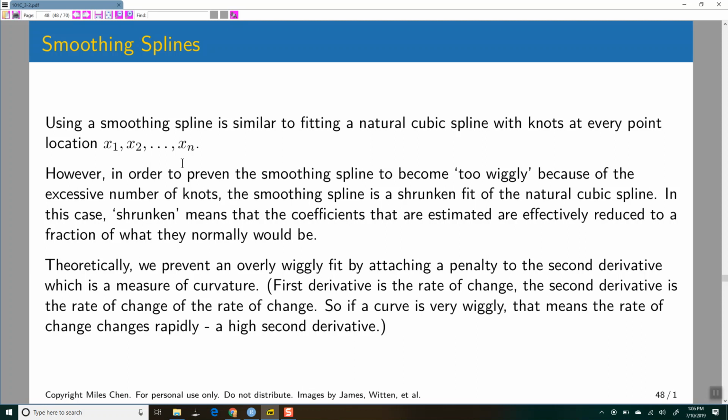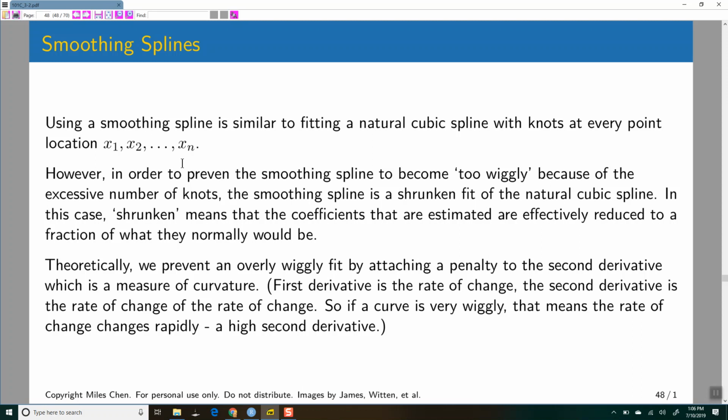So the smoothing spline combines basically the natural cubic spline along with kind of like ridge regression, a penalty for being wiggly. Okay, so ridge regression, you penalized big coefficients of beta, and lasso, you penalized any coefficients that were not zero.